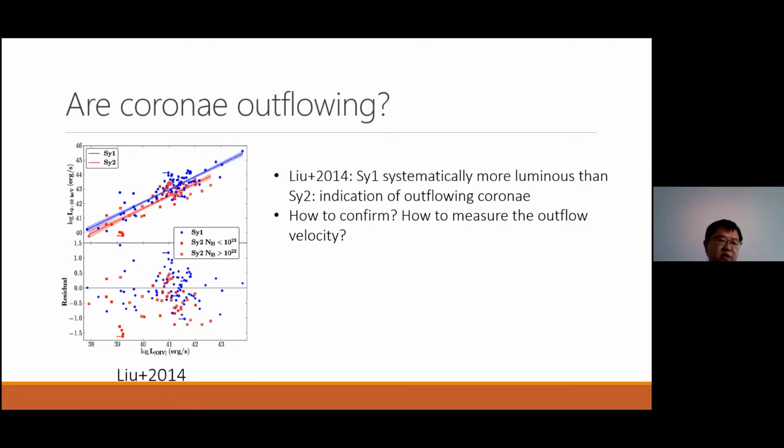So their interpretation is that because we know Sy1 is observed at a lower inclination than Sy2, and because the X-ray corona is outflowing, we see enhanced X-ray emission from Sy1 compared to Sy2. But of course, a question follows: how to confirm this outflowing corona scenario and how to measure the outflow velocity if this scenario is true.